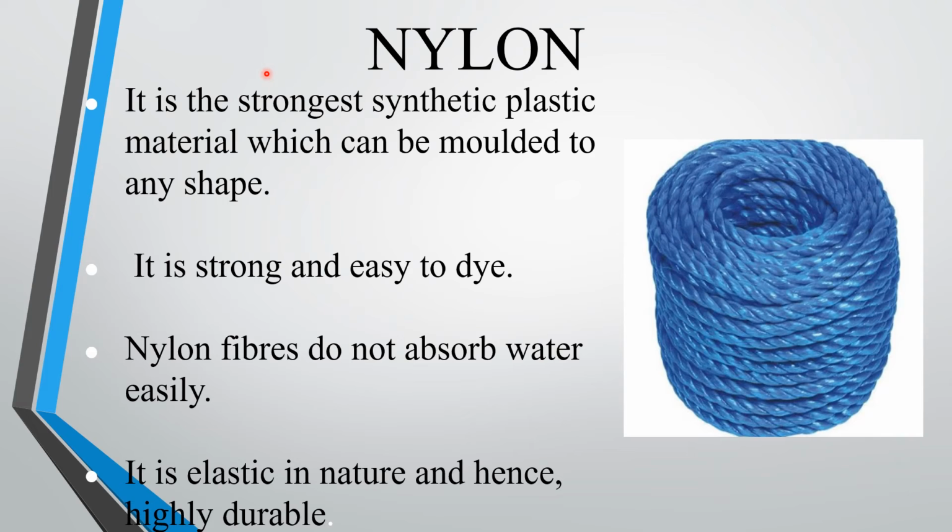Actually, nylon is made up of repeating units of chemicals called amide. So nylon is also called polyamide. I hope you all remember, in the beginning itself, we read under the synthetic fibers one example as polyamide. And nylon is a thermoplastic polymer which can be molded to any shape, and it was made simultaneously in New York and London.